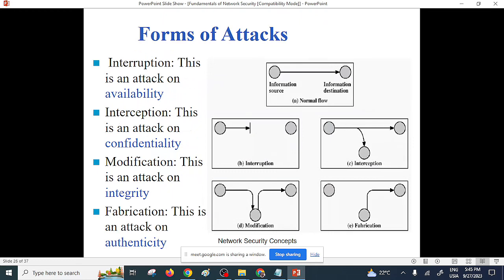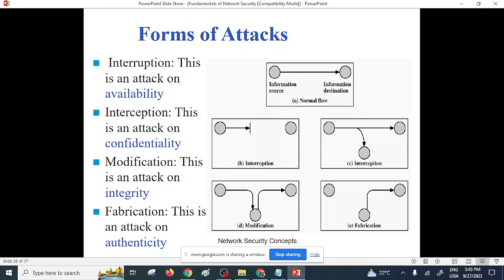So, what you have looked at when Bob and Alice were communicating was the first normal flow. Then the bad guy could change the flow of information into these diagrams down here: A, B, C, D, and E. So the attacker can compromise the confidentiality, that is intercepting, which redirects the flow of information.